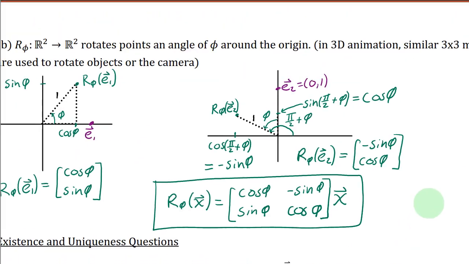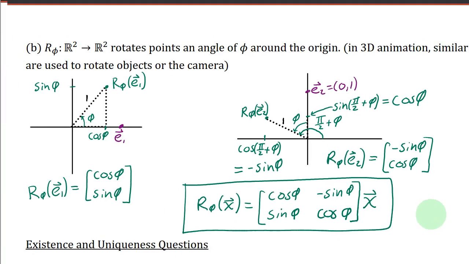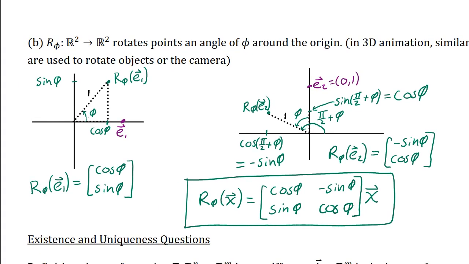Also, this gets used again in Chapter 5 when we talk about complex numbers. I don't know how much you know about them, but they describe rotation a lot of the time, and we're going to see how we can use matrices like this to do a similar thing as complex number rotations. So it is a fundamental thing for a lot of applications.